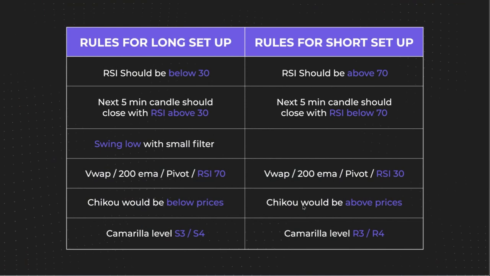The stop loss again for this system will be, for Nifty, 15 points above the swing high, and for Bank Nifty, 75 points above the swing high. Usually with the Chicago crossing the price wall on the upward side for long trades and on the downward side for short trades, you will see momentum coming in and the trade setup working in our favor.